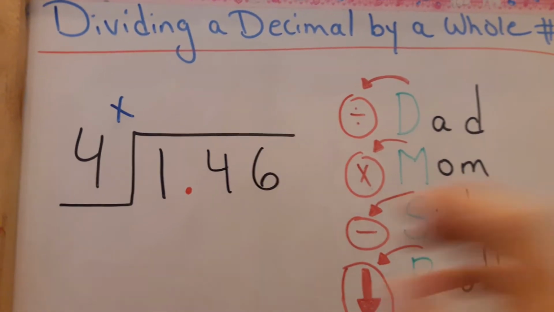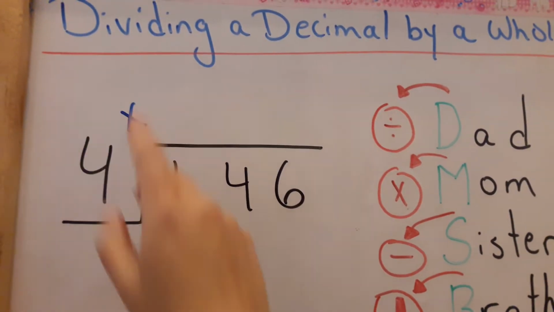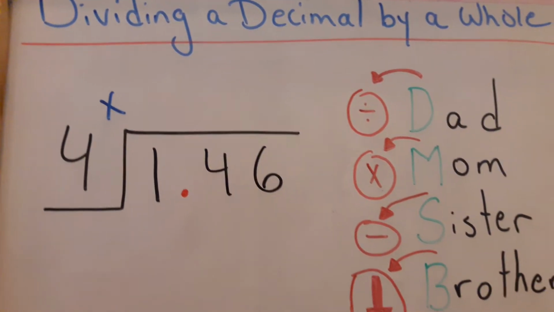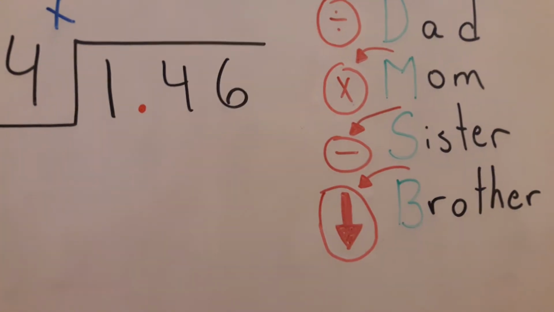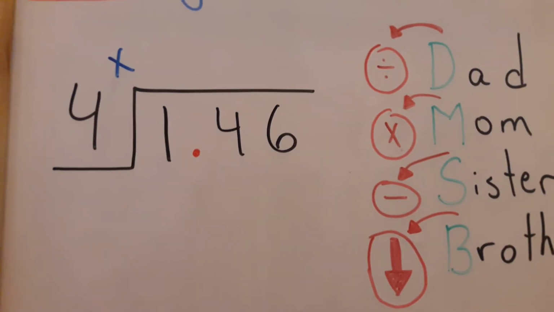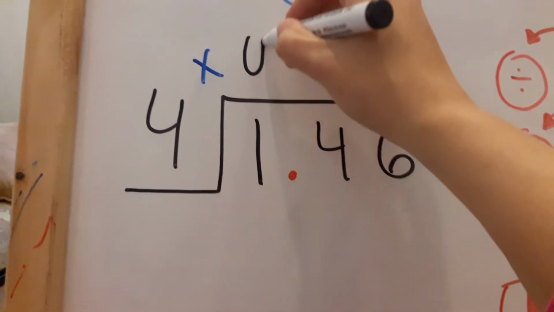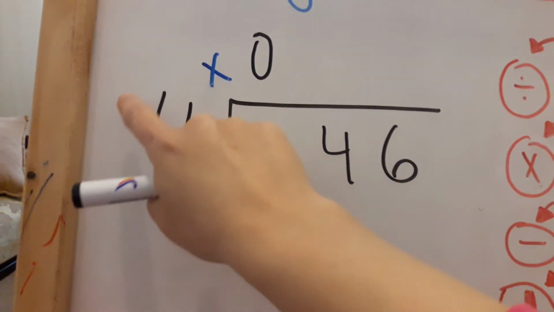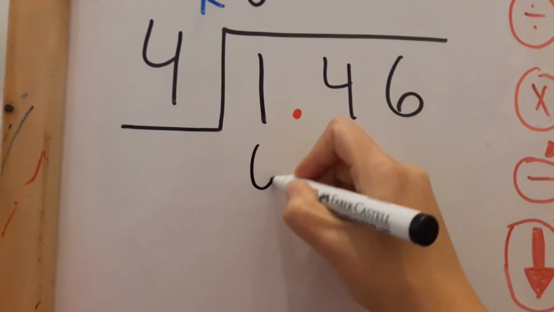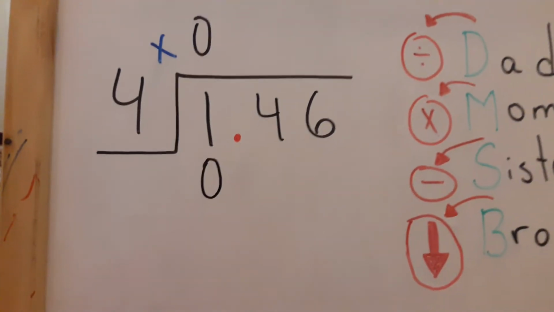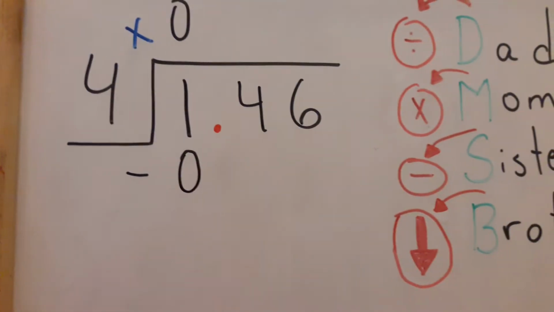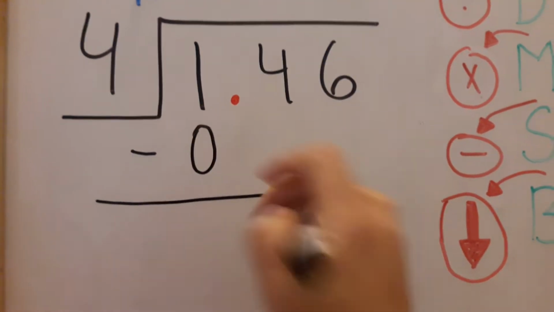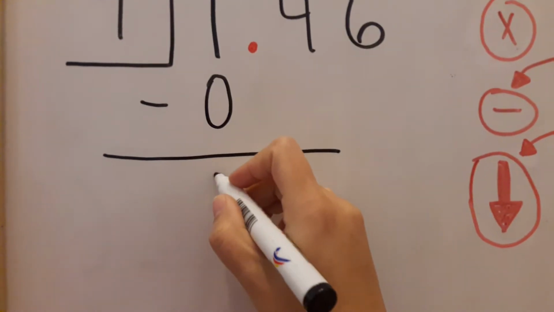Let's continue. So 4 times what gives me 1? Do I have anything that I multiplied with 4 gives me 1? No, so I'm going to put 0. 0 times 4, it's 0. Then you subtract. 1 minus 0, it's 1.